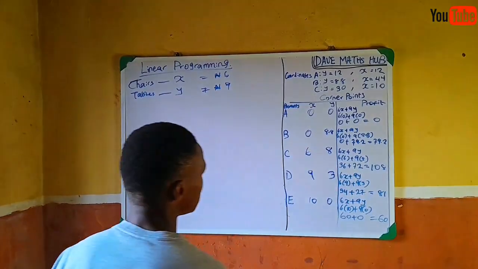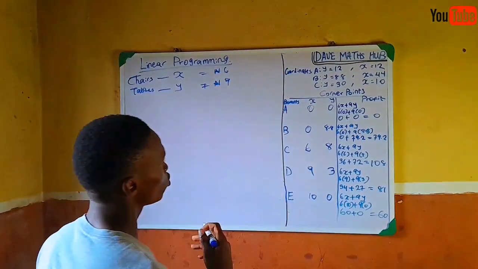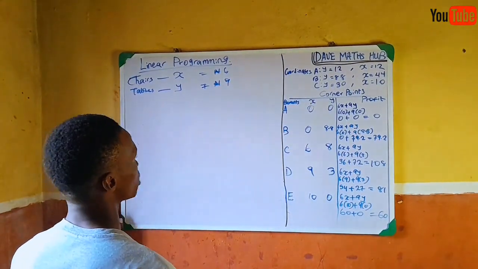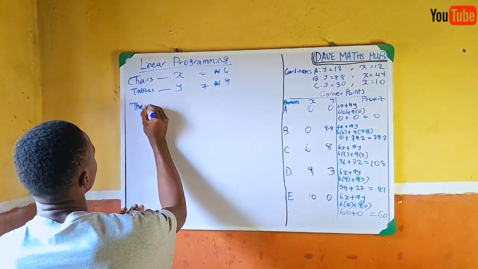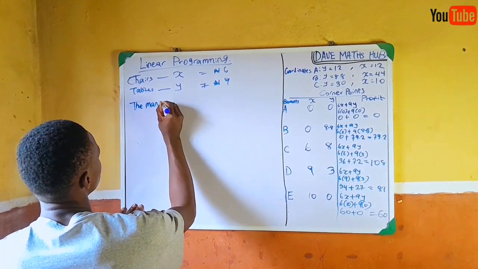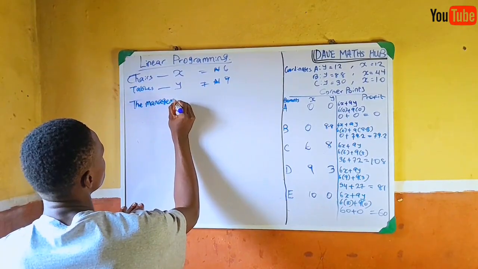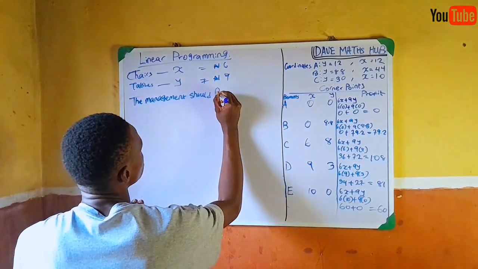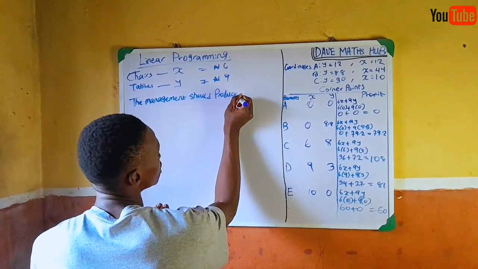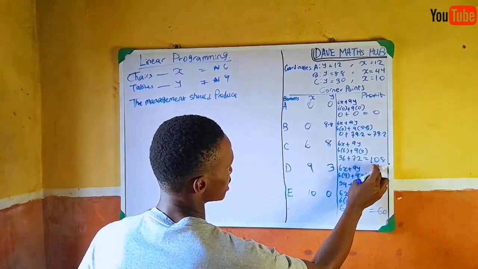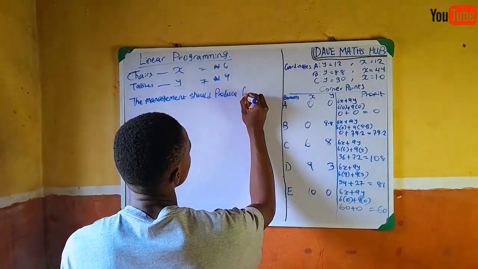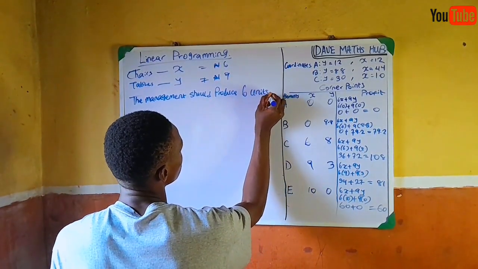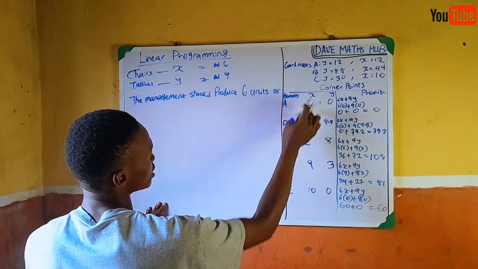So the best option for him to do, if we were to advise the management, we can say the management or the industry, as stated in the question, should produce, since 108 is our best, 6 units of x in this sense.